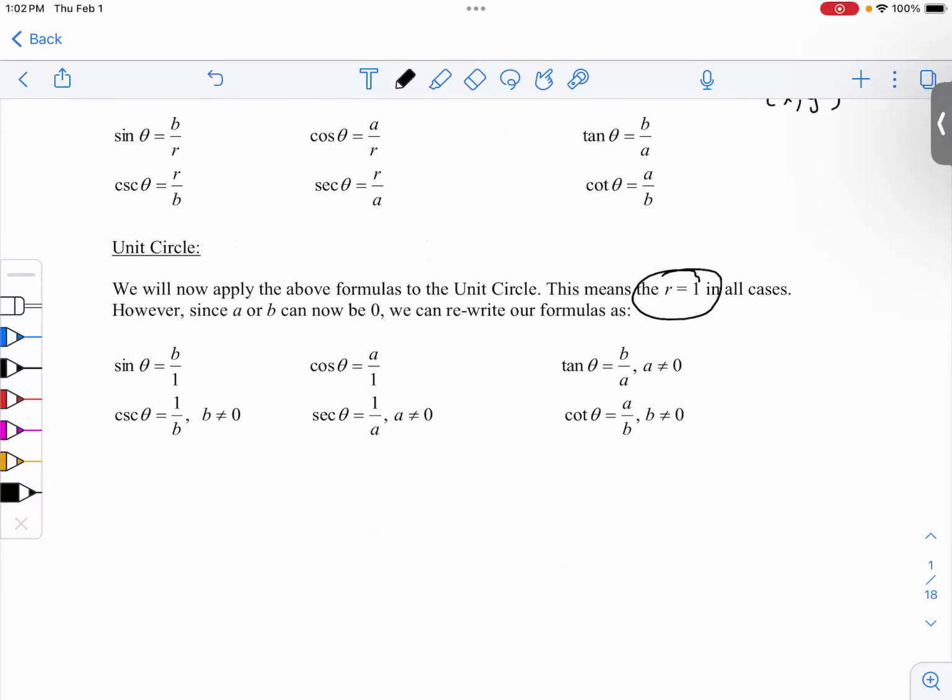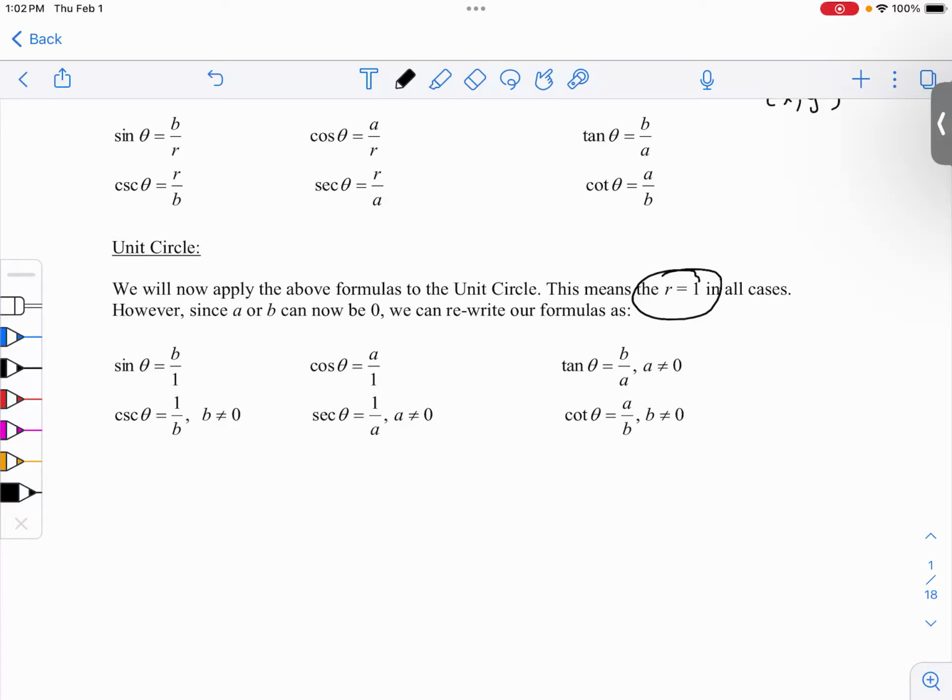Sine, which was y over the hypotenuse, now becomes y over 1. Similarly, cosine is now x over 1. And this is what I was talking about with the quadrants. X directly relates to cosine. Y directly relates to sine.